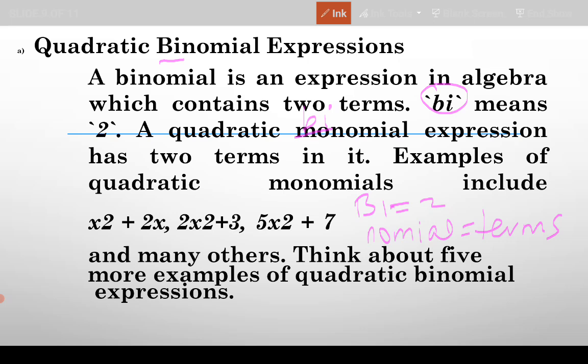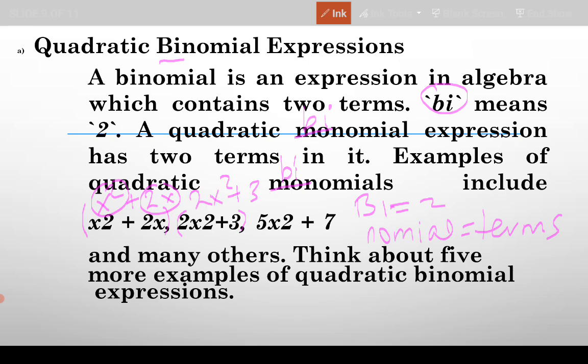Examples of binomial expressions include these ones here. X squared, this should be x squared plus 2x. So we have this term conjoined to this one by a positive sign. Another one is this one here, 2x squared plus 3.